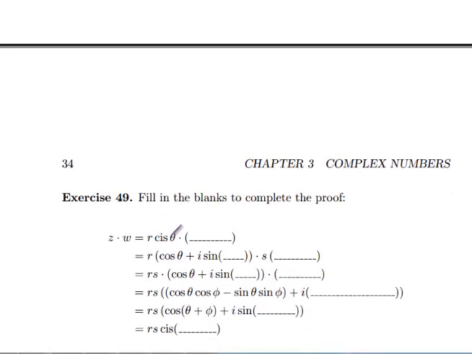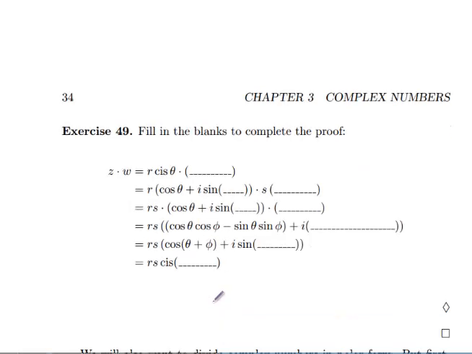And here we ask you to go through and fill in the blanks of this proof. We don't actually give the reasons over here, but this all comes out from the definitions and simple operations that we've done before. So see if you can fill in the blanks for that proof.